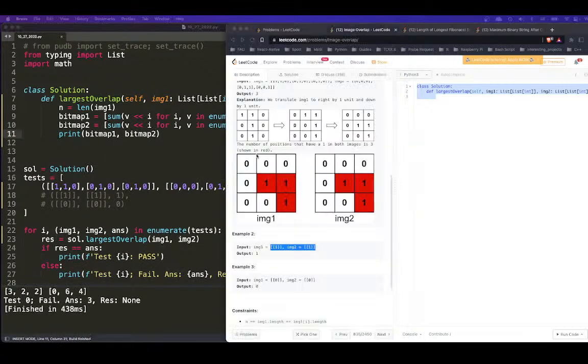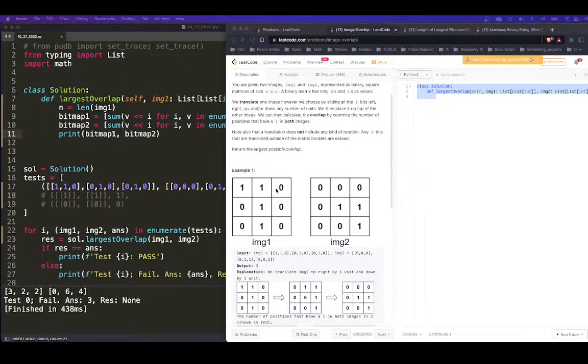Okay. That's not right. That's not 3. That's 110.